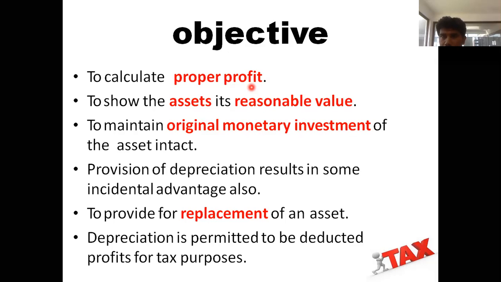What the reasonable value is after 1 year, after 2 years, all these things will be determined with the help of depreciation, to maintain the original monetary investment. You have to keep the original monetary investment of the asset intact.